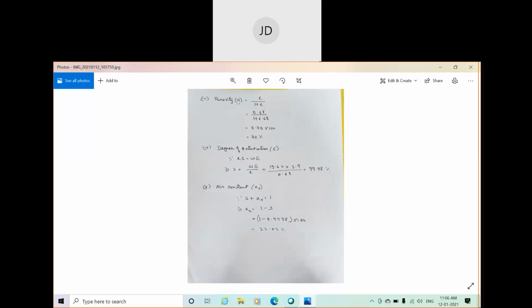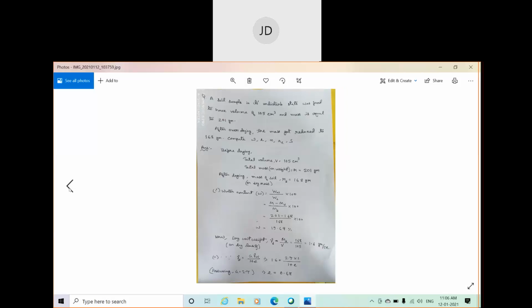Anyway, here I just want to close this. In this class, I have tried to explain one numerical. I hope you have got a little bit of idea about how to solve a particular numerical. Before solving that, you have to understand the problem statement, and most importantly, you have to remember the relation between the various index properties of soil to solve this kind of problem.